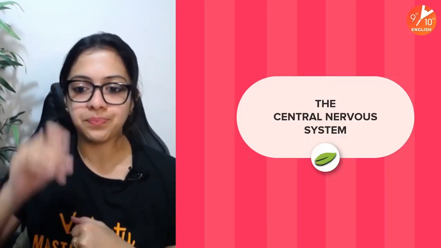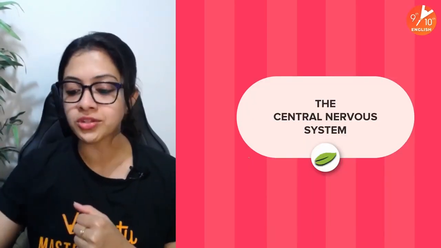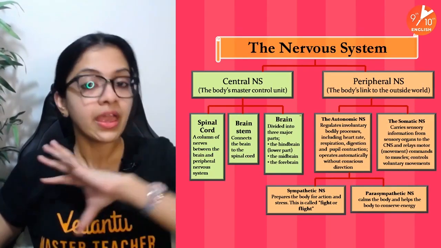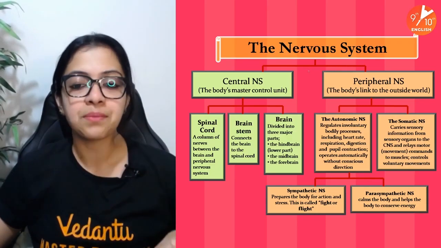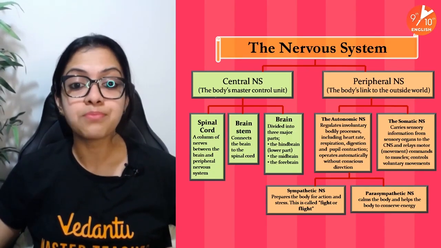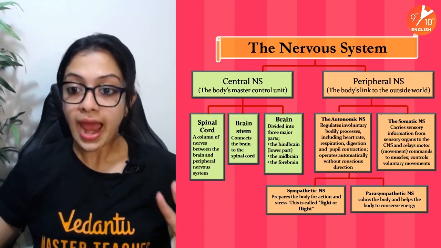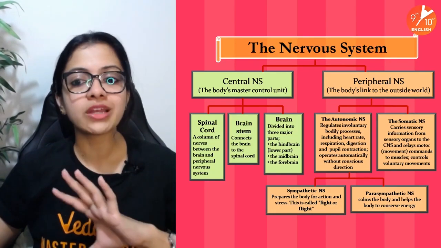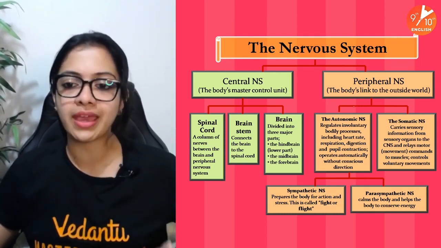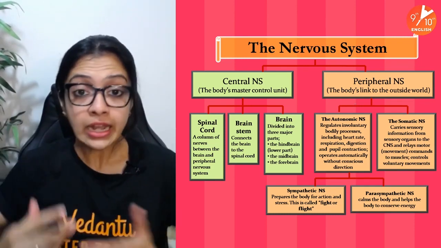Right, children? Okay. So here we go on to start with the central nervous system. Of course, the nervous system overall in the human body can be categorized into two groups: the central nervous system, which we can call the body's master control unit, and the peripheral nervous system, which includes all the nerves, which together function as the body's link to the outside world.